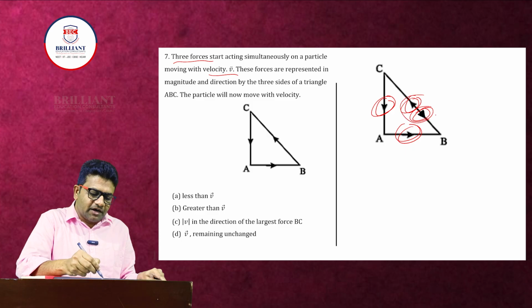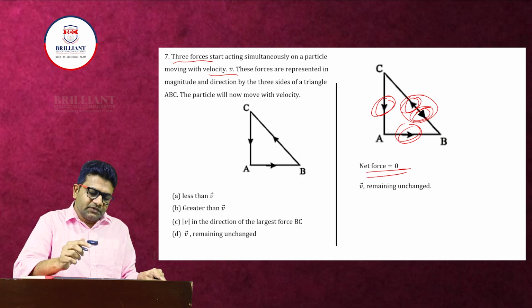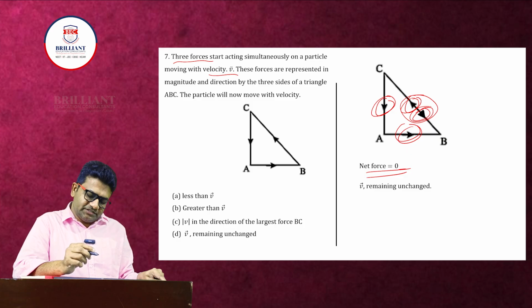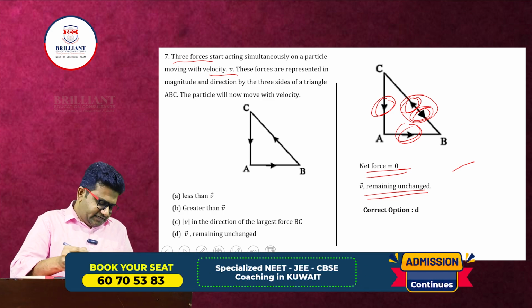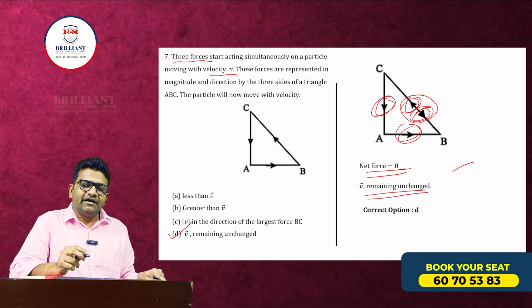So these two are in opposite direction, so the net force is equal to 0. Net force equal to 0 means no force is affecting the motion, so the velocity remains unchanged. So the correct option is D, vector v, the velocity vector remains unchanged.